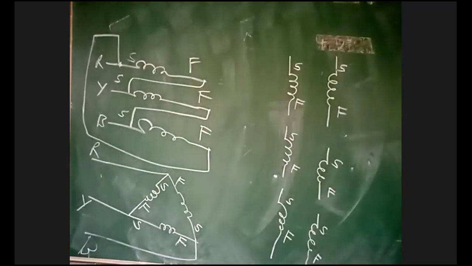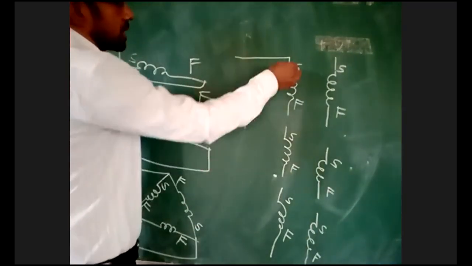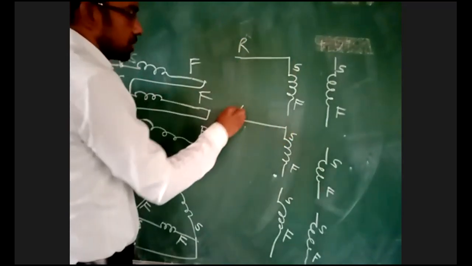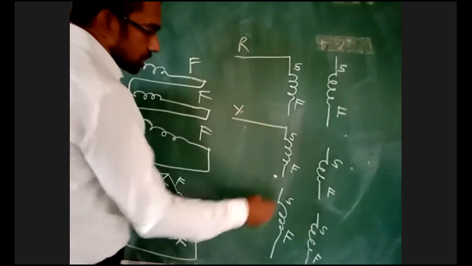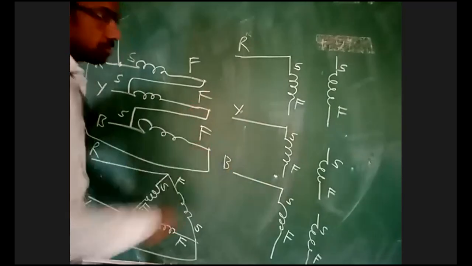Three primary windings, three secondary windings. Now see here how I will connect the star. I am connecting the starting of one winding to R phase, another to Y phase, and another to B phase.